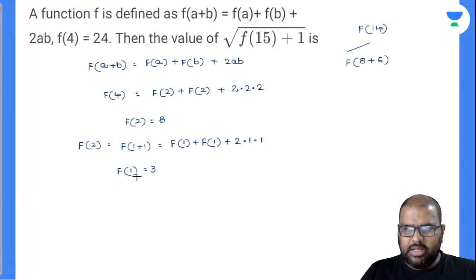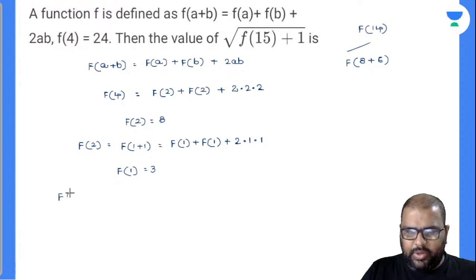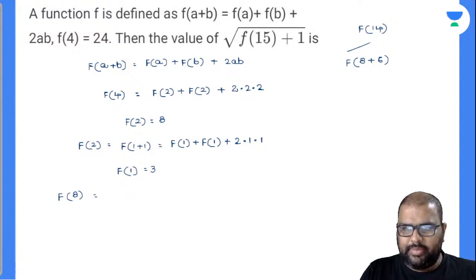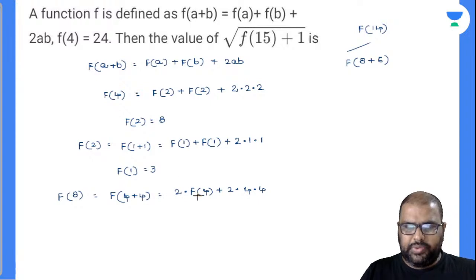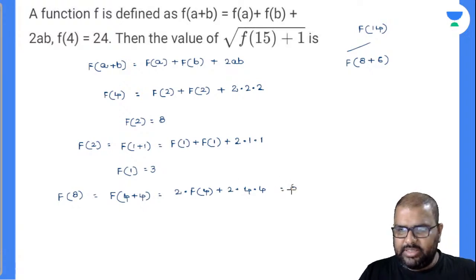First I will find f of 8, which is easy. f of 4 plus 4 is equal to 2 into f of 4 plus 2 into 4 into 4. Now everybody knows f of 4 is 24. 2 into 24 is 48. 4 4s are 16, 16 2s are 32. 48 plus 32 is 80. So f of 8 is 80.